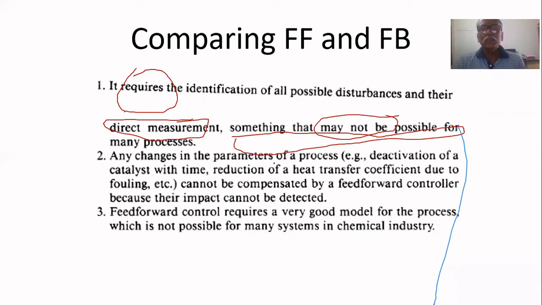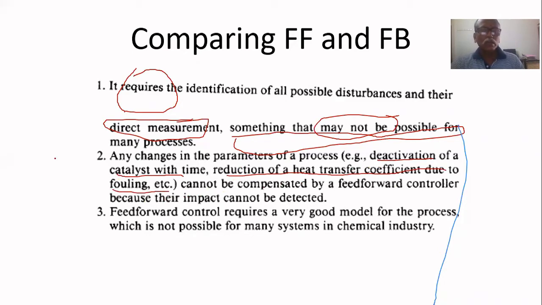Any changes in the parameters of the process may affect the controller, and the design may fail because of that parameter change. Examples are deactivation of a catalyst with time, and reduction of heat transfer coefficient due to fouling.